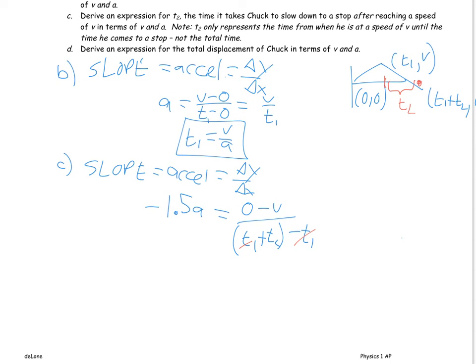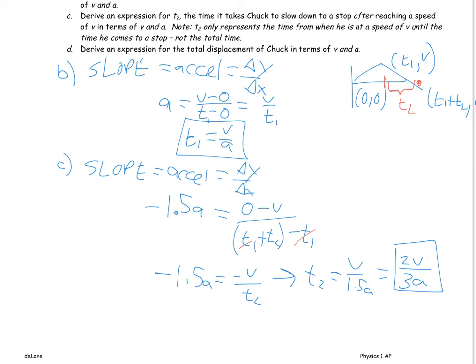The t1's subtract out, and so what I'm left with is negative 1.5a equals negative v over t2, which means that t2 equals v over 1.5a, or I could also write this as 2v over 3a, or 2/3 v over a.